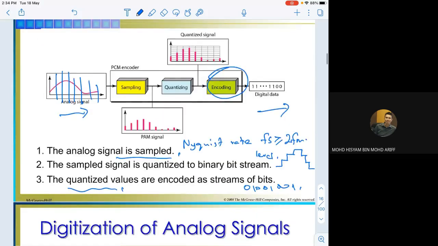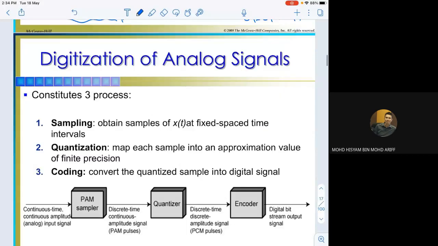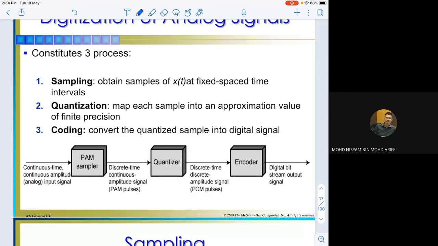Now this is about the process: sampling, quantization, coding. Sometimes in the test and final exam they will ask, what are the three processes involved in pulse code modulation? Normally you must remember: sampling, quantization, and coding.